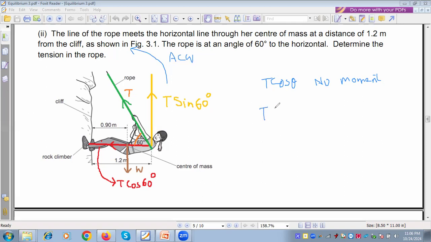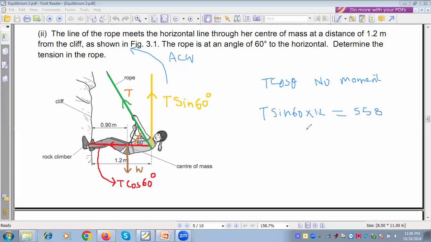T sine 60 into the perpendicular distance, 1.2, is equal to W into 0.9, and that is 558. I am taking the one which was multiplied by g equal to 10.